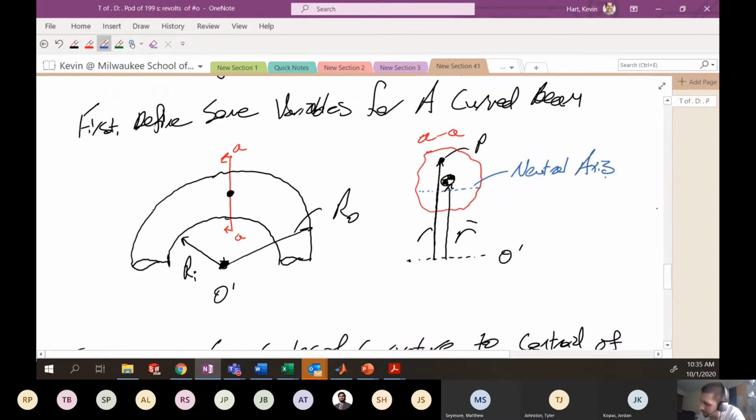So then this distance here is R_NA, the distance to the neutral axis, where here it is less than R bar. Always less than.